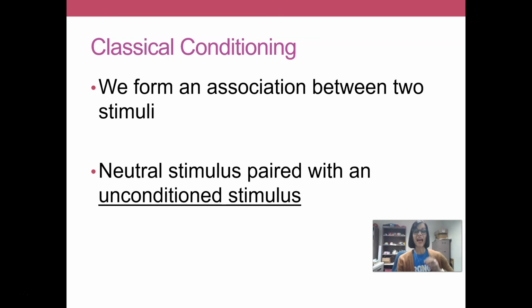One of these has to be a neutral stimulus. And it's going to be paired with something that we call an unconditioned stimulus. So an unconditioned stimulus is something that will normally produce a reflexive response that we did not learn to do.